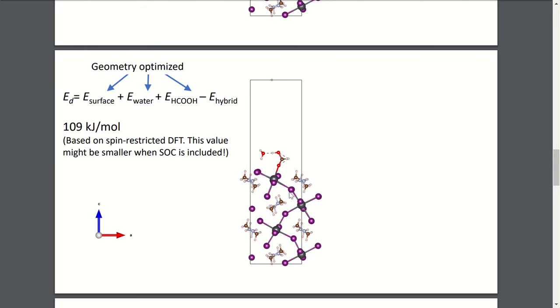No, because if you have CO2, then oxygen should repel from iodine, right? So you cannot form a bidentate structure with CO2. So that would not affect the binding energy of the formic acid. I don't know, it will decrease the binding energy for formic acid, I guess, because this kind of structure is not stable.